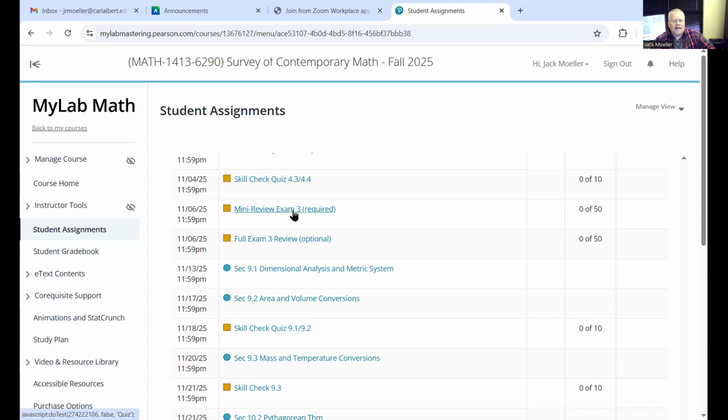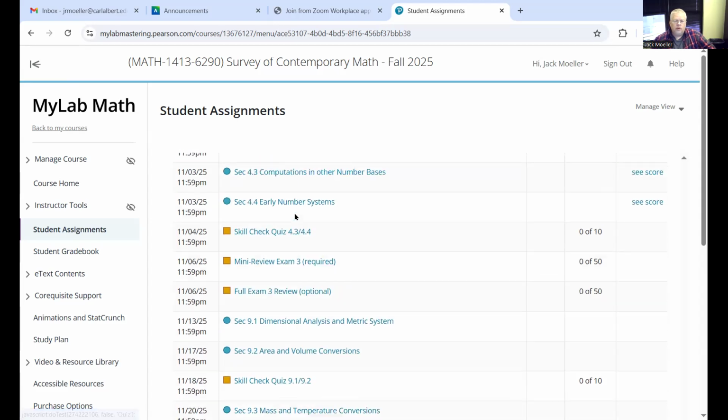Take each of these at least once, just like a test. Before you take this test, you should give yourself about 30 minutes, sit down, and take that mini review with nothing but you, your calculator, and your note sheet. What you miss will tell you what you're likely to miss on the test unless you figure it out. If you do that for each one of those skill check quizzes and the mini review, then that will tell you what you need on your page of notes.